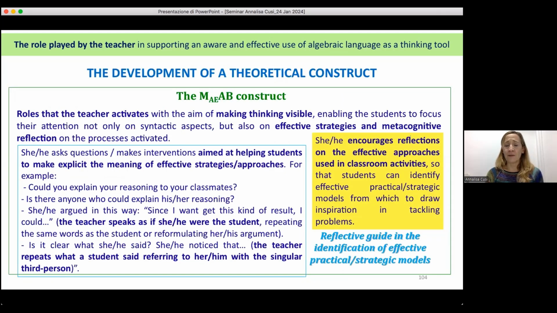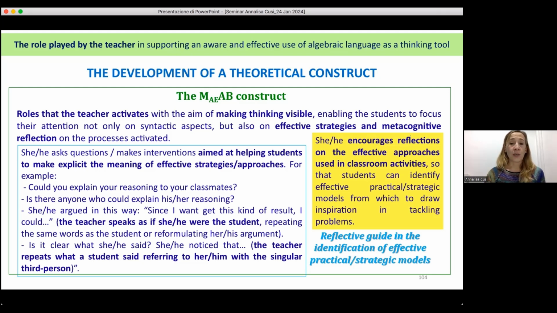This role is really important because during classroom activities, obviously the teacher can play the role of model for students, but also peers can play this role. And so this role of reflective guide is played when the aim is to encourage students' reflections on the effectiveness of approaches that are proposed during classroom activities, so that students can identify such approaches as effective models from which to draw inspiration in tackling problems.